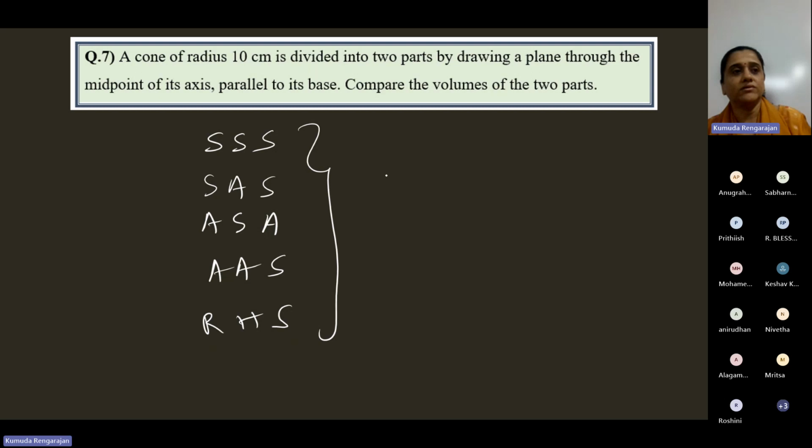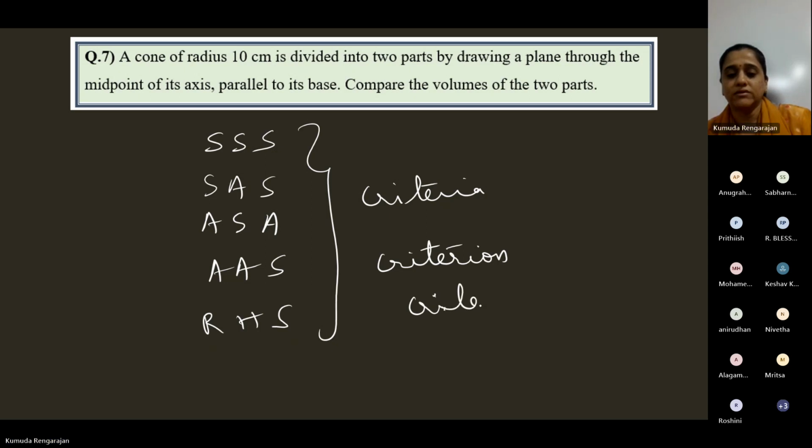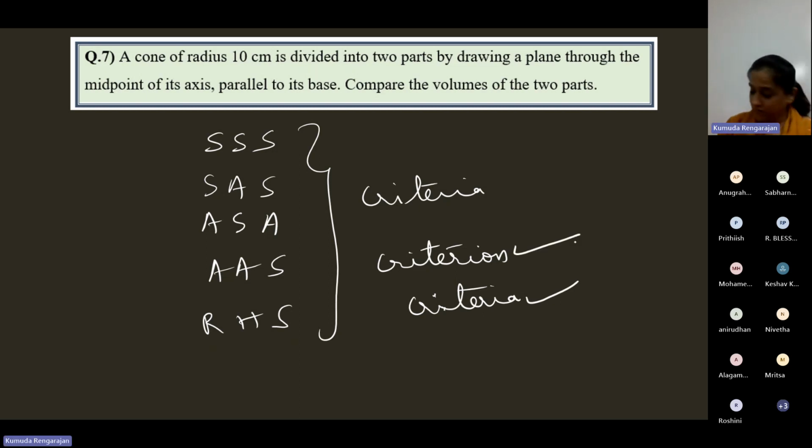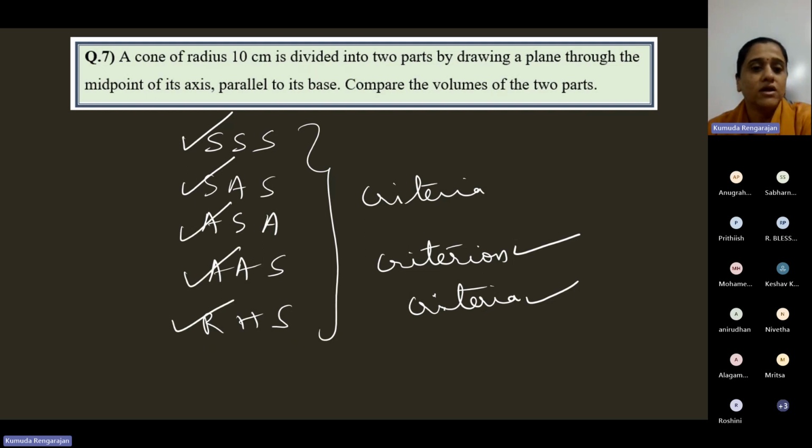So these are the 5 congruence criteria we have. Criterion is singular. Criteria is plural. So this is a congruence criterion, and these are the 5 congruence criteria.